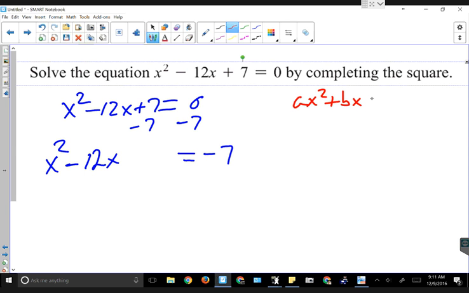This is what we start off with. What we need to do is find out what 1/2 of b is. So step 1, I want 1/2 of b. That's what I want to identify. So what value is b here? So what is half of that?